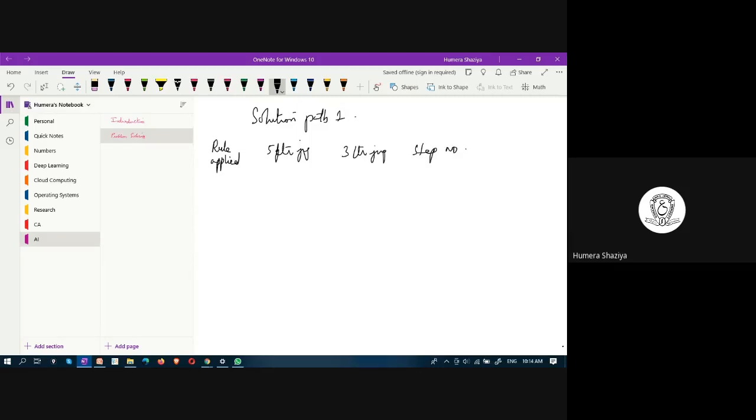What is the step number? Means sequence. First, there is the start state. In the start state, 5 liter jug has 0 water, 3 also 0 water, and there is no step. Now you have to start applying the rules, production rules.